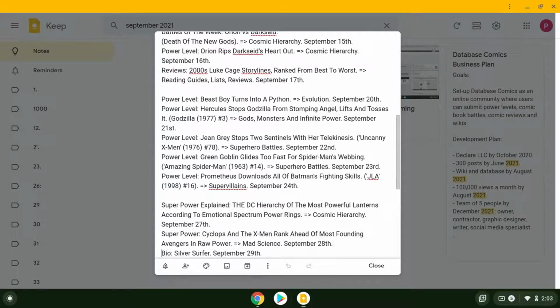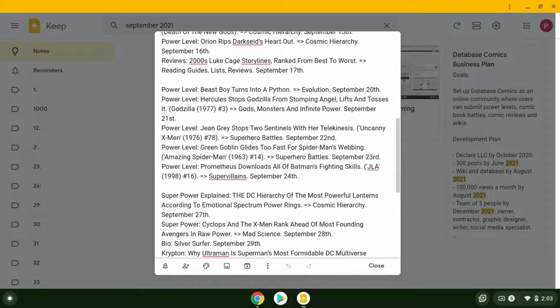And then the last week is usually the last 3 days or something. The last week is usually just about anything else. Since I didn't cover superpowers in the first week, I have it covered in the last week. So as you can see, superpower explains the DC hierarchy of the most powerful lanterns according to emotional spectrum power rings. Cosmic hierarchy, September 27th.